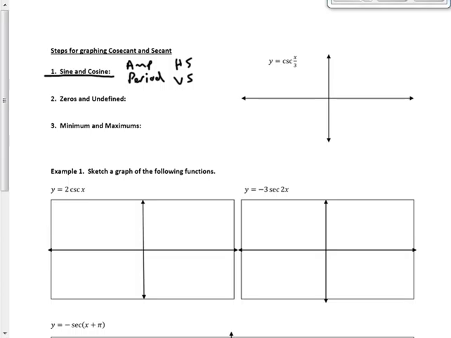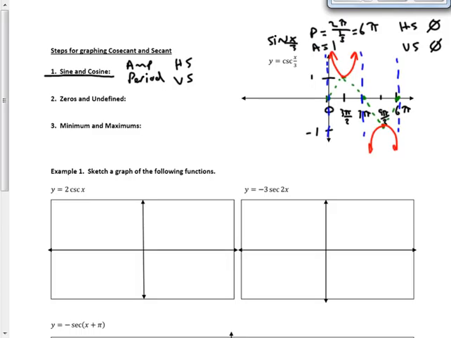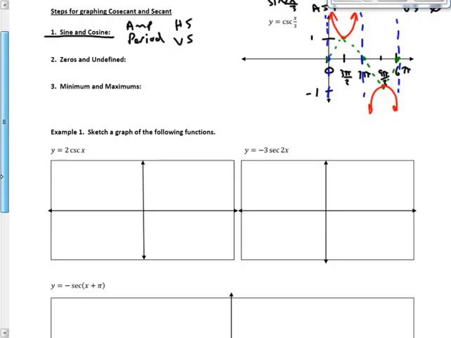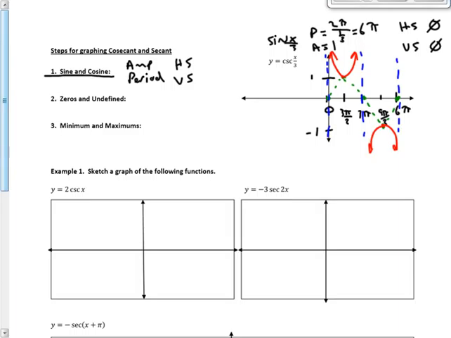I'll do one of the problems down below. I'll actually leave this one, I'll fill it in here, but I'll walk through the problems down below. So there's the graph of cosecant x over 3. Notice that the only thing that really changed was the period. The period in this problem is going to be 6 pi, 2 pi divided by 1/3.